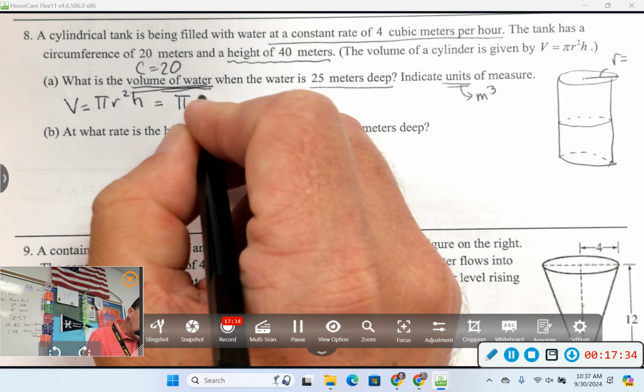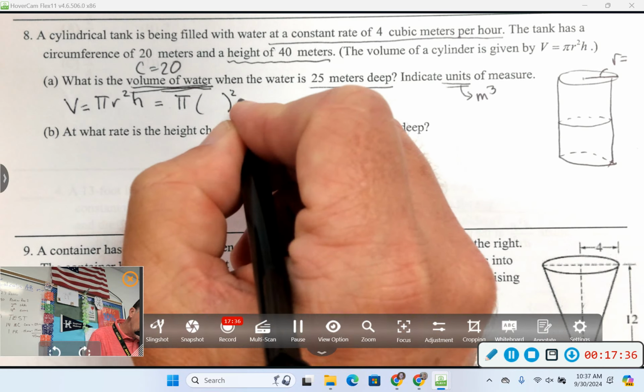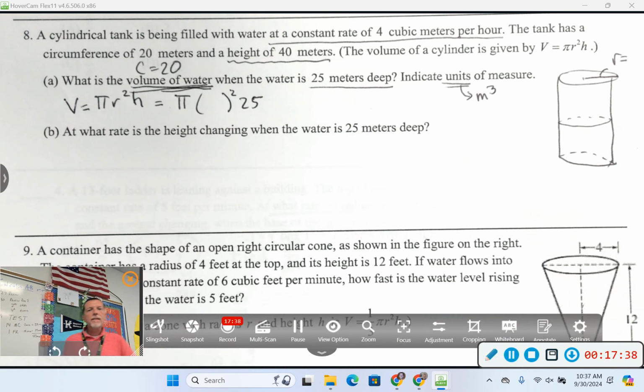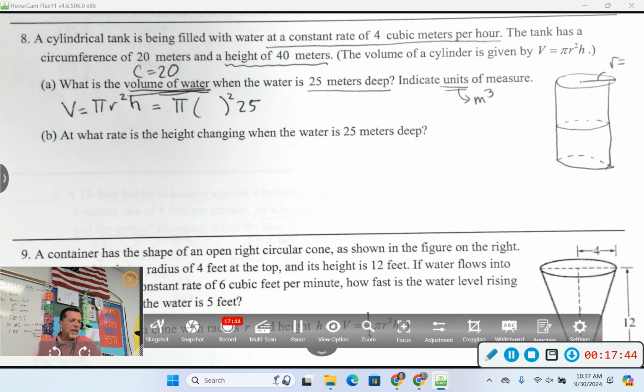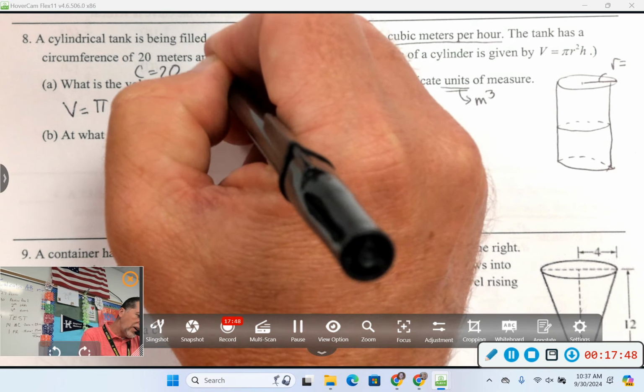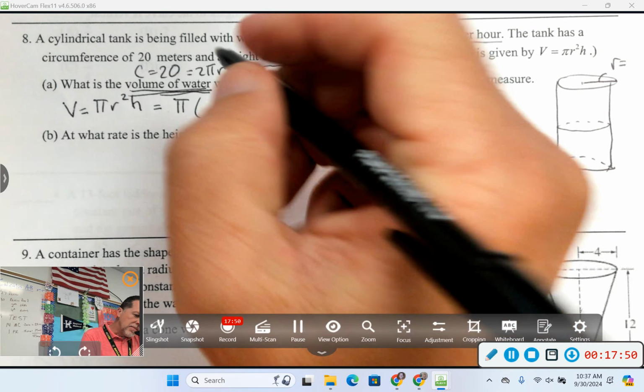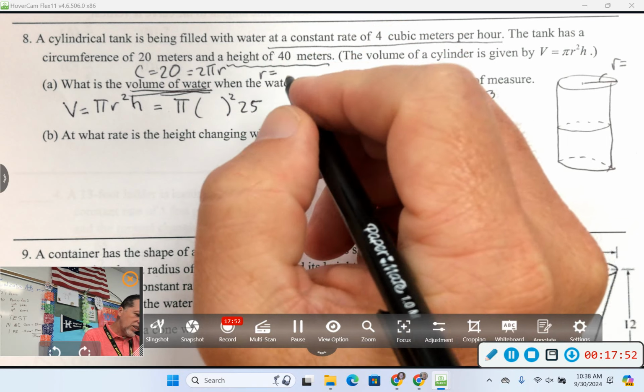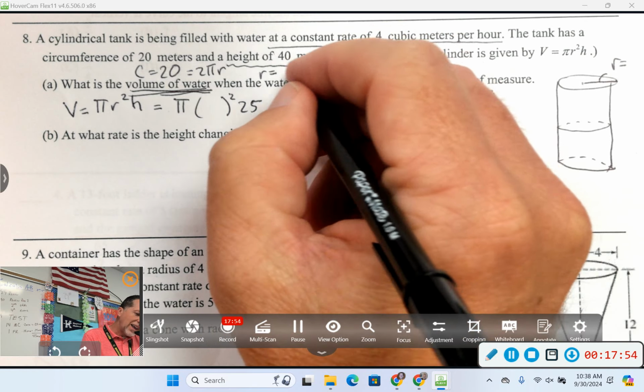R. Oh, I need r. H is 25. Alright, the circumference is 20. The circumference is 2 pi r. So that means r is 10 over pi.